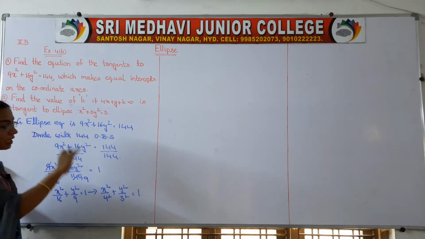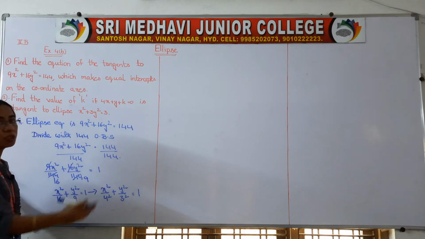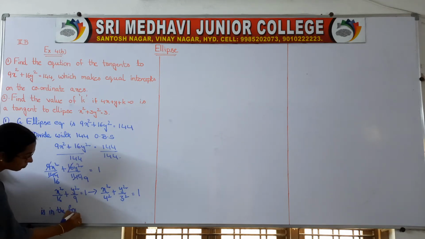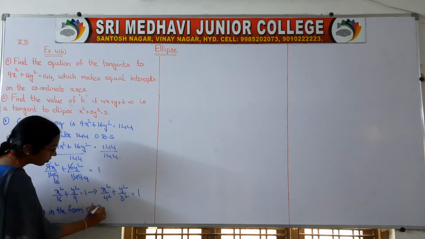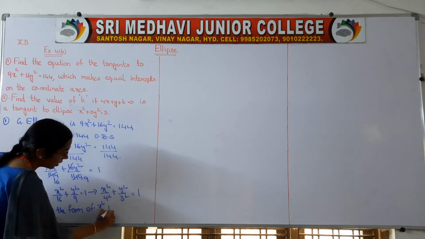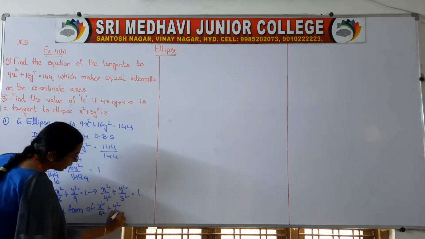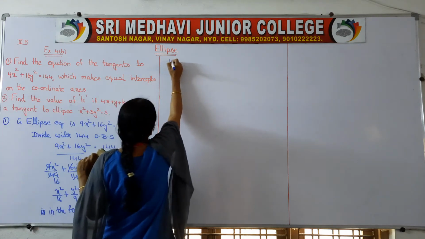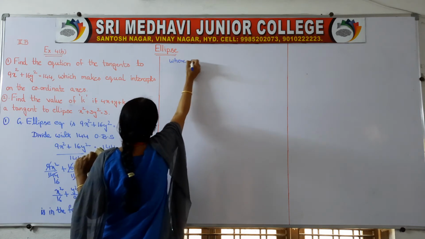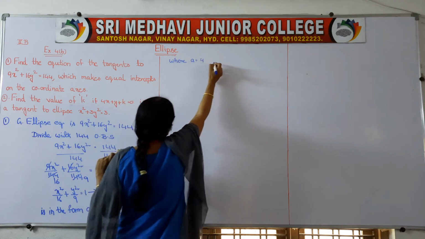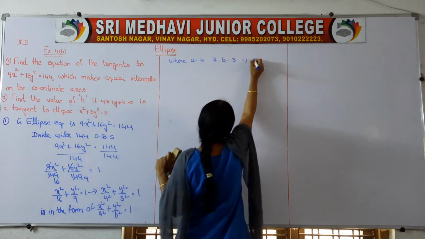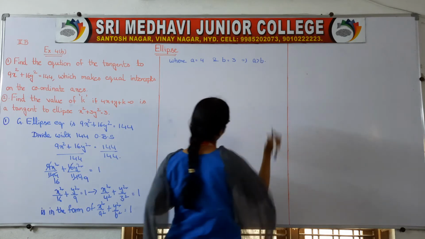That means slowly we are reducing the ellipse equation into standard form, right. It is in the form of x square by a square plus y square by b square is equal to 1, where a is equal to 4 and b is equal to 3, which implies a is greater than b.